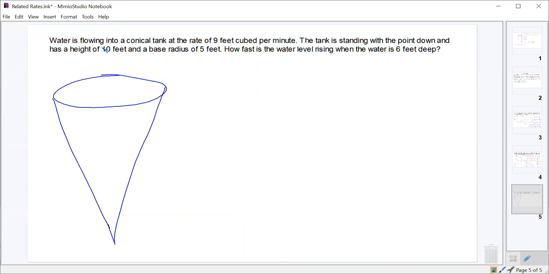Well, first off, we've got water rising up in it, right? It's filling up. So at some point there's some amount of water in it. Is there anything else we know, maybe specifically about the cone itself, that is not changing?